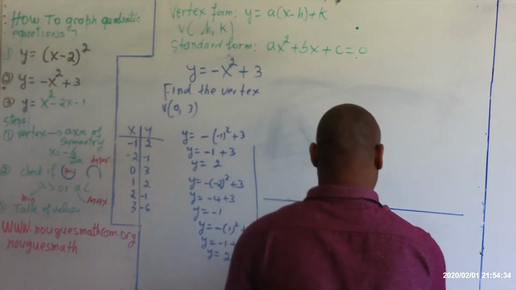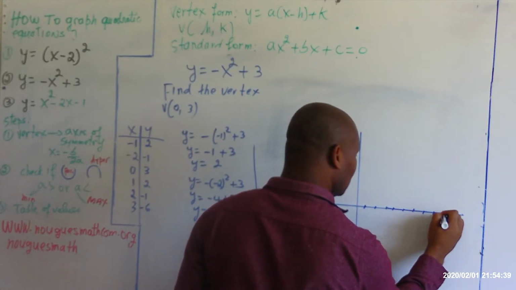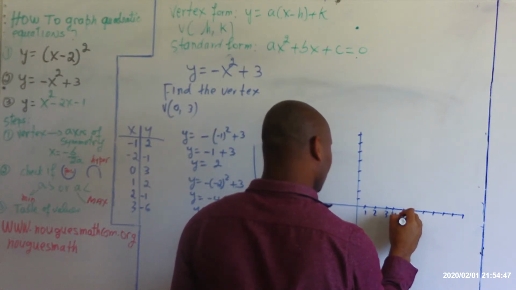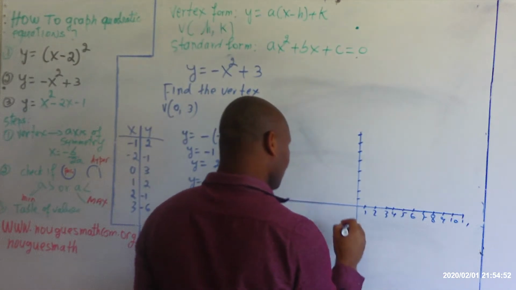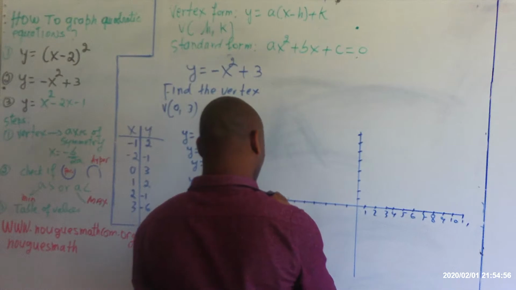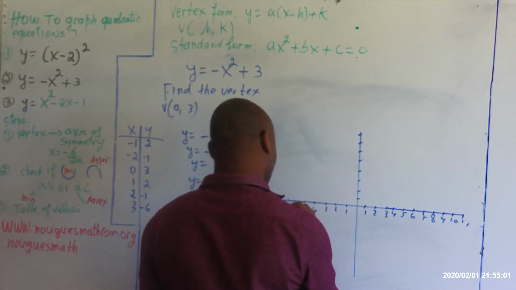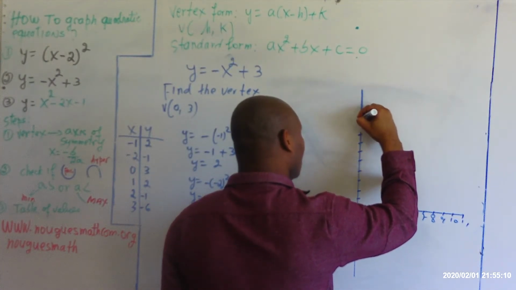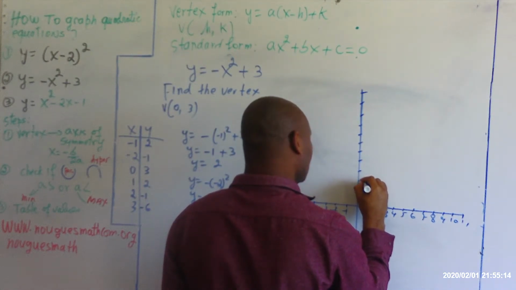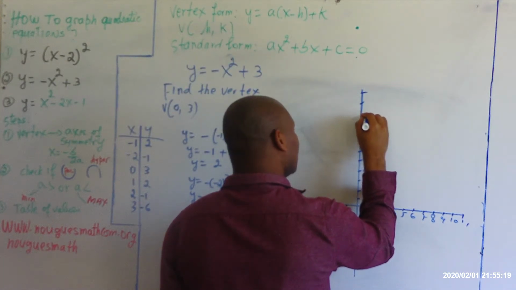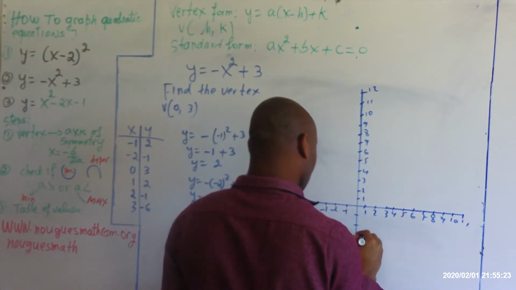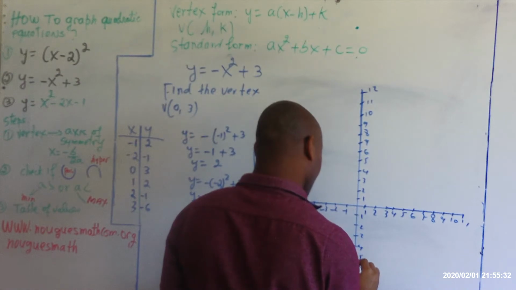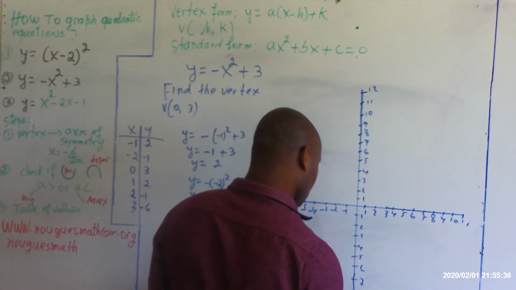Okay, so let's place the points. 1, 2, 3, 4, 5, 6, 7, 8, 9, 10, 11. Negative numbers, remember, left side is negative numbers. And get more: 1, 2, 3, 4, 5, 6, 7, 8, 9, 10, 11, 12.